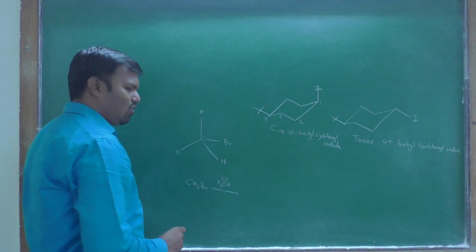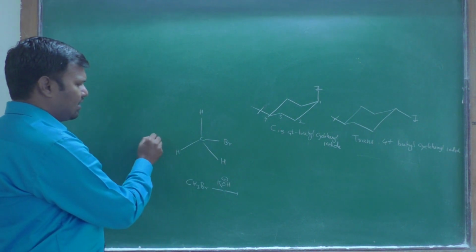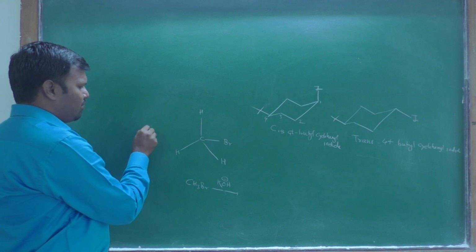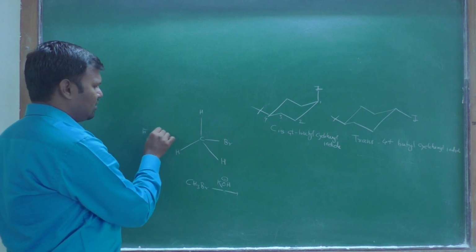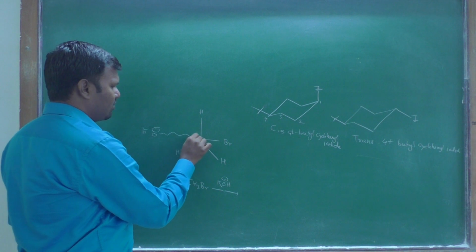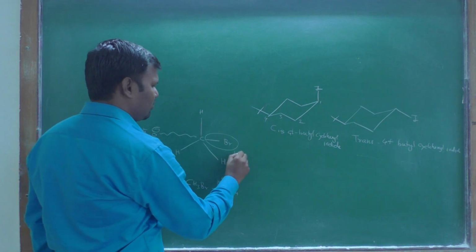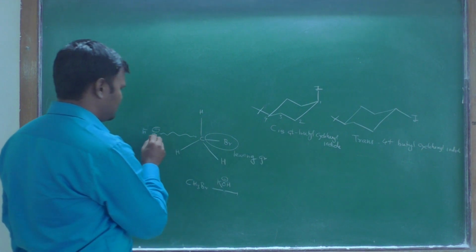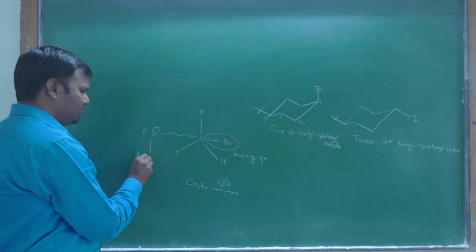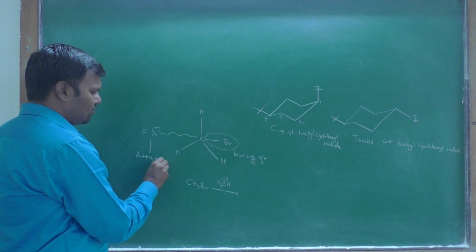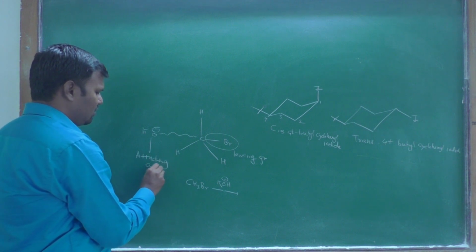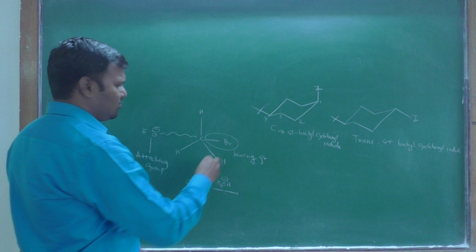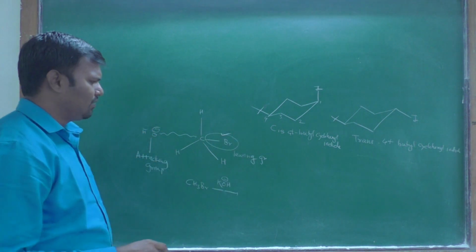OH minus, that's the hydroxide ion, attacks this compound from the side opposite to the leaving group. This is the attacking group, and that is our leaving group.